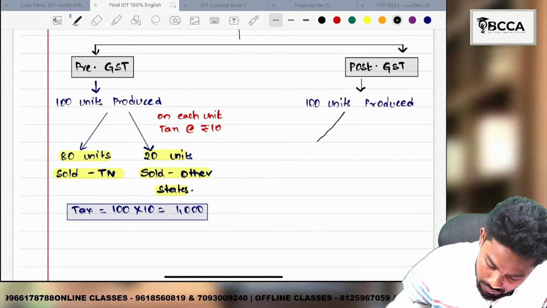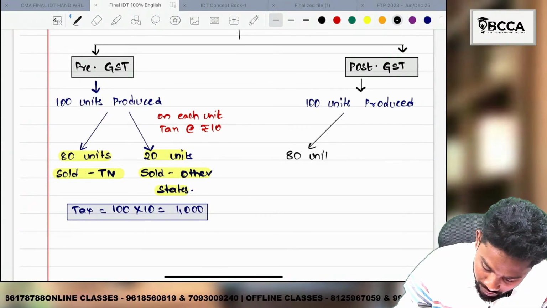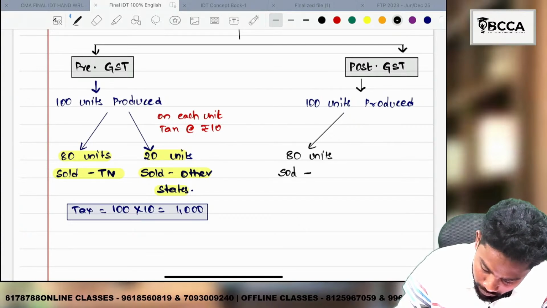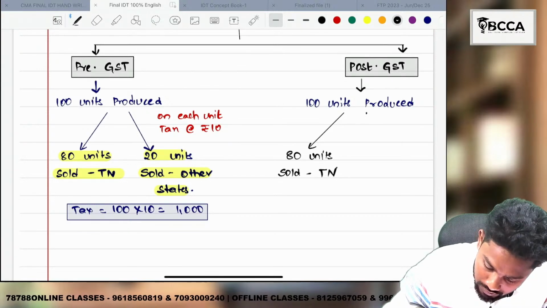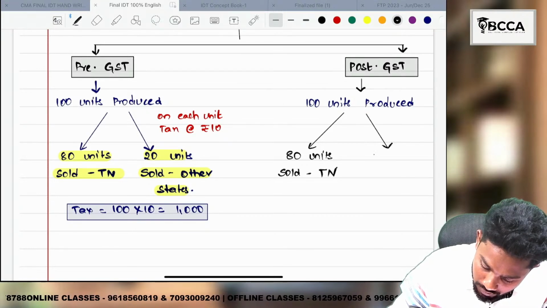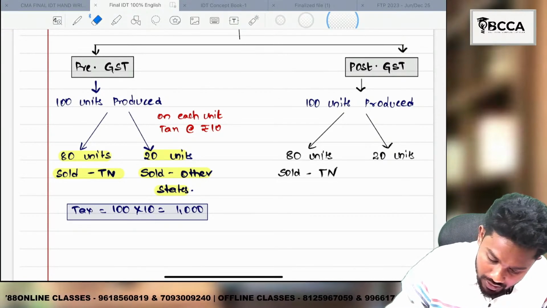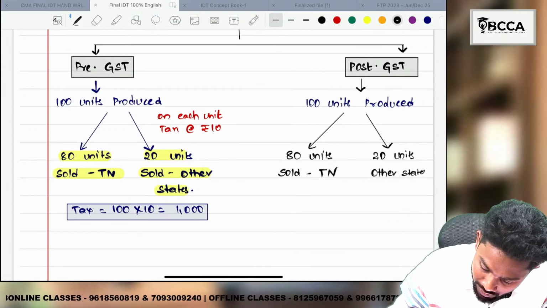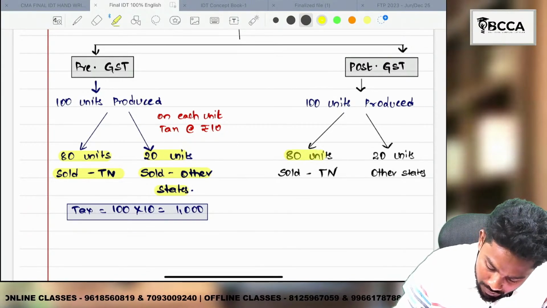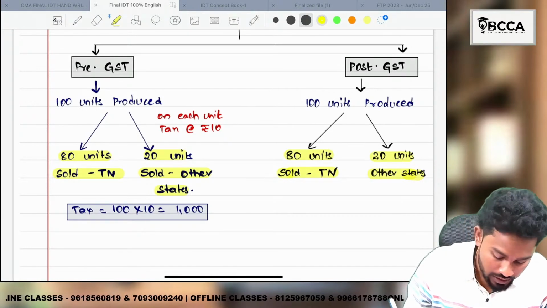Again, out of them, 80 units sold in Tamil Nadu, whereas 20 units sold in other states.